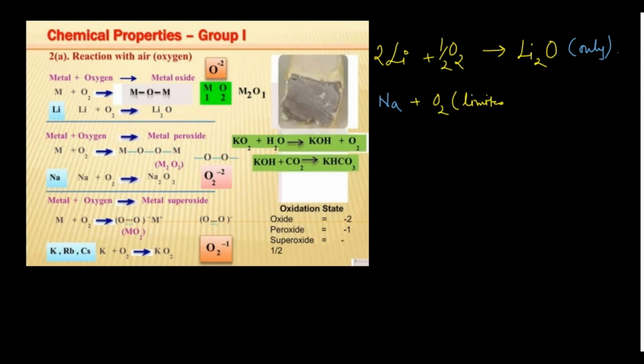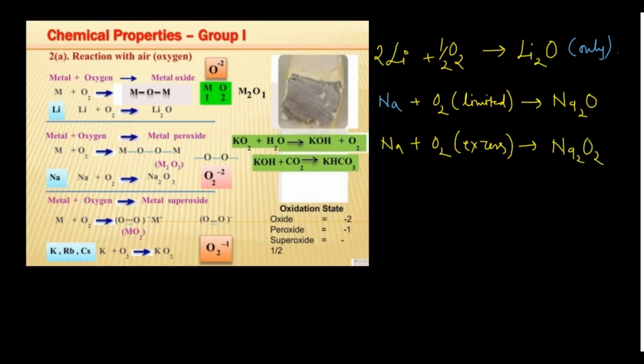When the supply of oxygen is limited, it will form Na2O, that means monooxide. Please remember this. And the same sodium, when the supply of oxygen is in excess, sufficient supply of oxygen, will form sodium peroxide. It is something very, very important you should know.